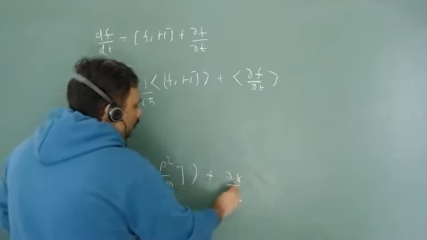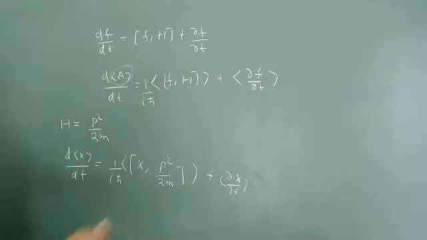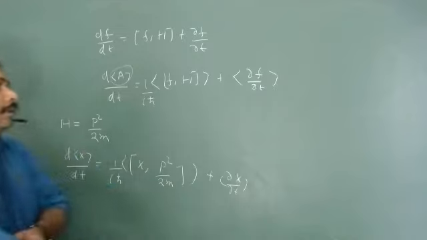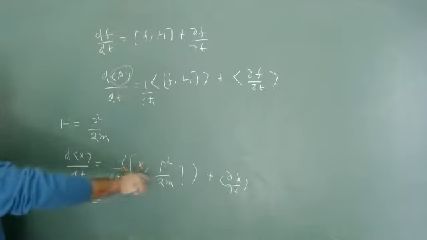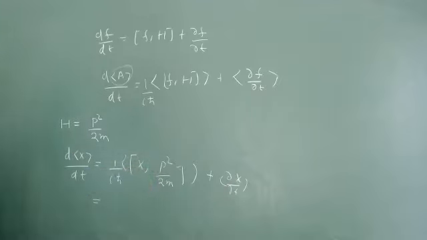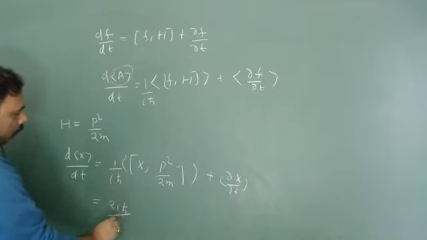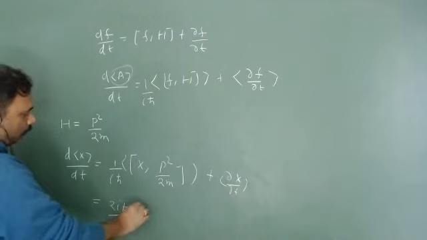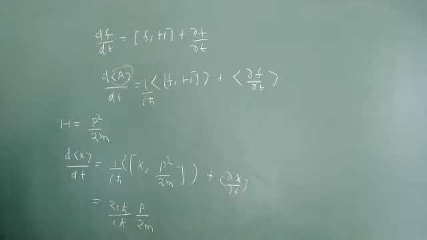So del x upon del t will be equal to 0. If it is an explicit function of time, then you have to just go for differentiation also. So what will happen to this commutator? What you will get? You will get 2iħ upon iħ, p upon 2m. Isn't it?